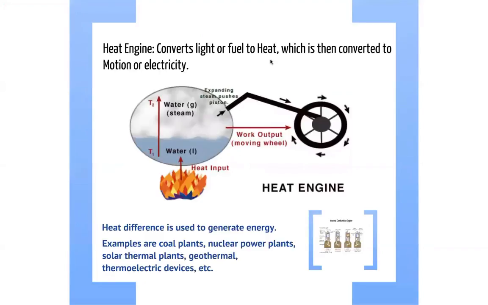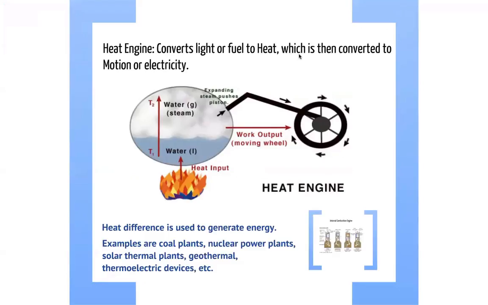That's a general term. But for us, we will think about anything that converts sunlight or fuel by heating it, or even heat directly, to work. And this work can be mechanical, it can be electrical, it can be, again, heating, whatever. It can take many different forms, right?